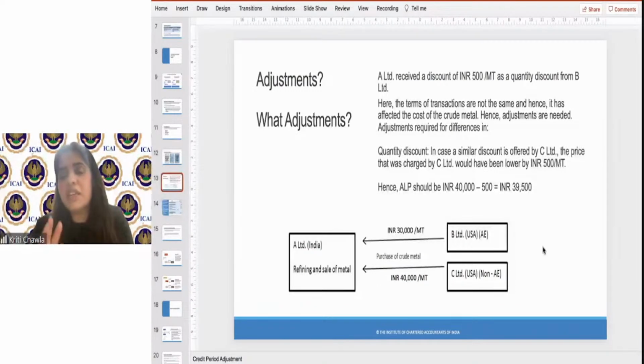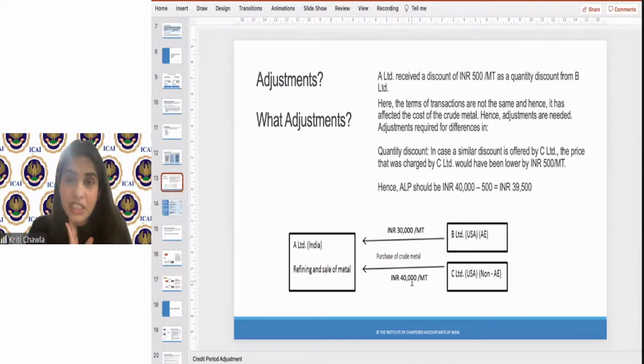But the point is, can we use 40,000 rupees? Yes, we can, because both are from USA, and both are purchasing the same crude metal oil. They're selling to the same entity. Everything is met. All the product comparability, the strict product comparability, etc., is met. So we can use 40,000 rupees as the ALP.